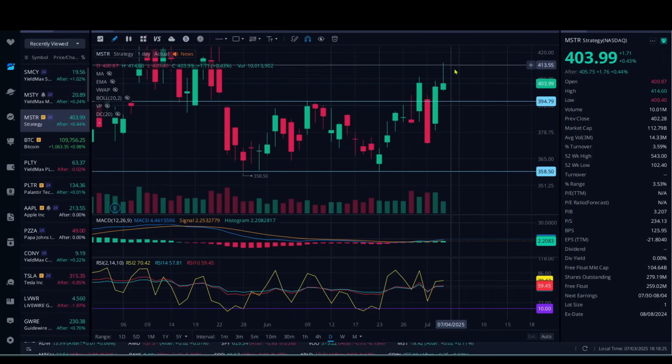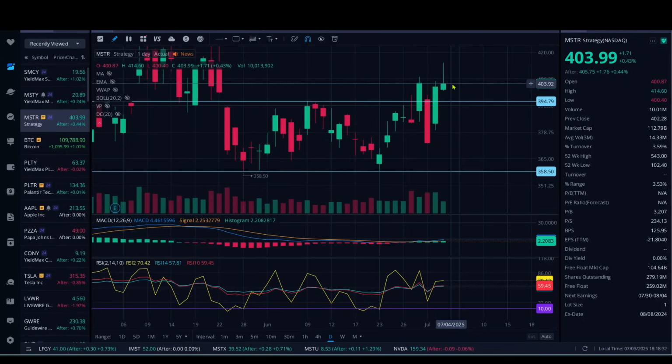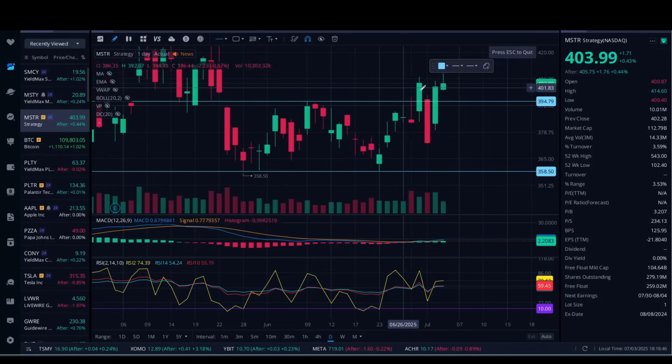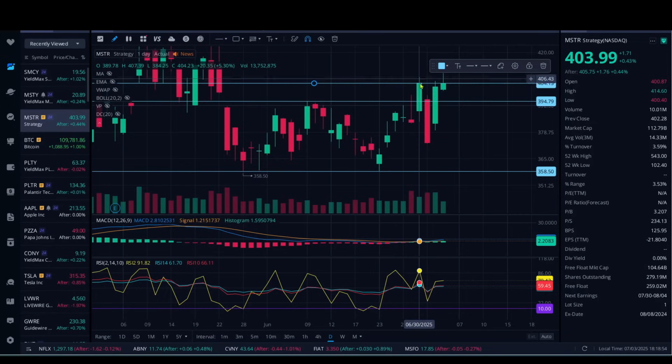Now that long wick on the top, that's not a very strong positive upward sign, because that means there's a lot of sellers up here that when it got into this range, they started pushing it right back down. And another interesting thing is if we draw a little line at the top of this candle right here, as you can see, look at that. It hit here and it also hit here.